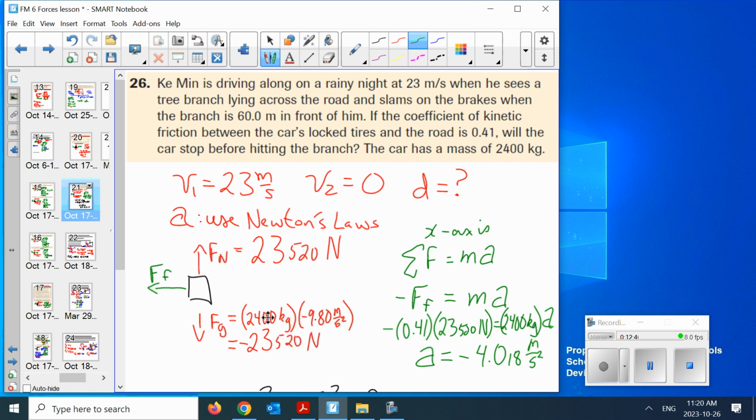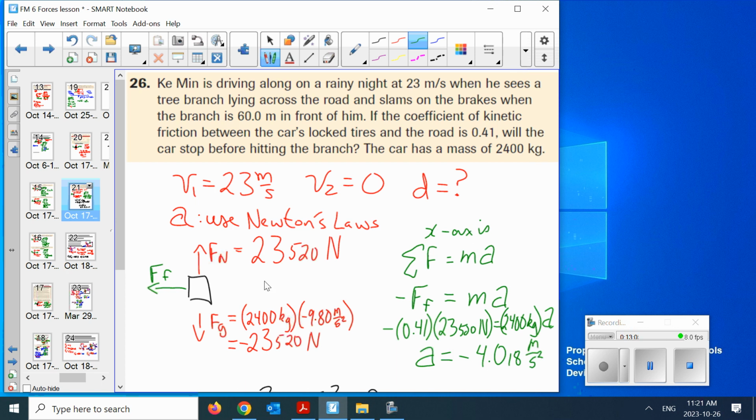So my weight force is negative 23,520. That's my normal force positive, right? I work those out. You really could use Newton's law to figure that out, but it's so simple. It's not accelerating up or down. So I just say just do the opposite, right? It's the x-axis that we really have to figure this out. So we say sum of forces.